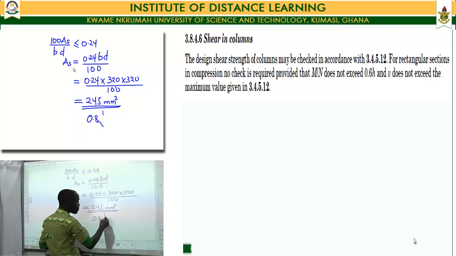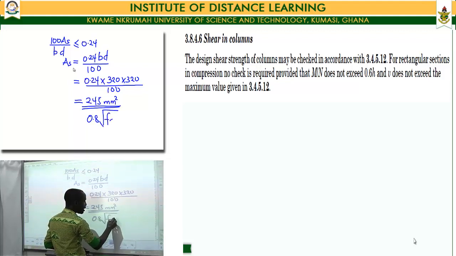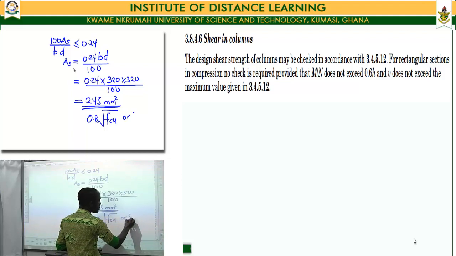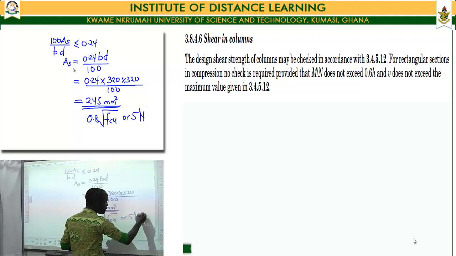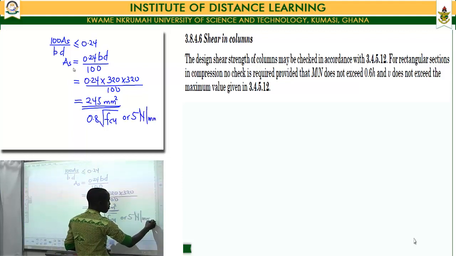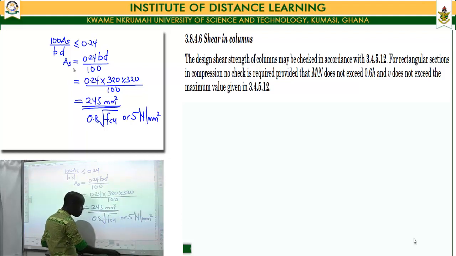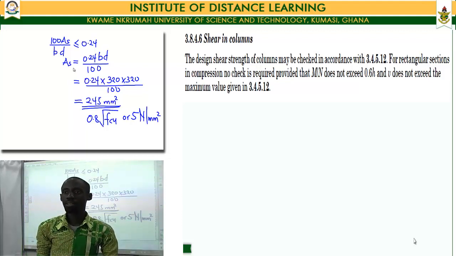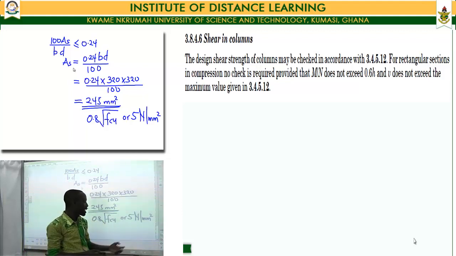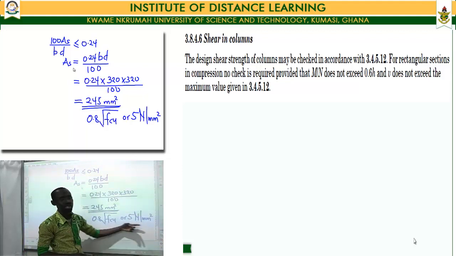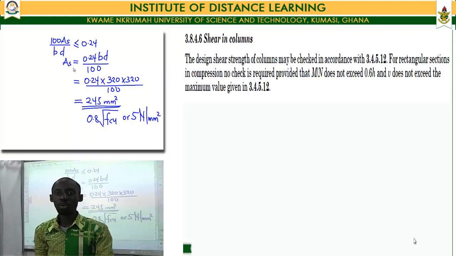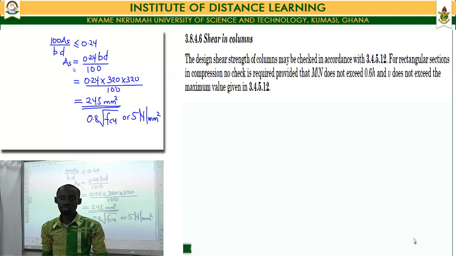And the maximum value given in the 3.4.5.12 was 0.8 root of fcu, or 5 newtons per millimeter squared, whichever is the lesser. Now, if we have our shear stress not exceeding any of these values, then it says that for a rectangular section in compression, no check is required.